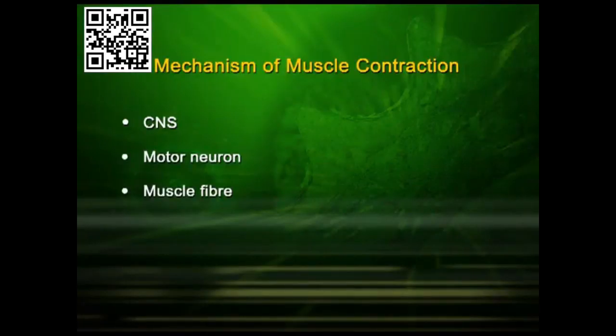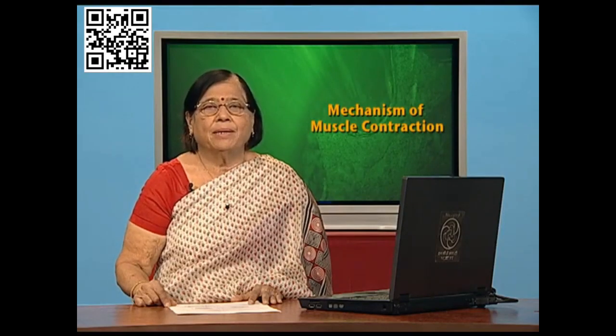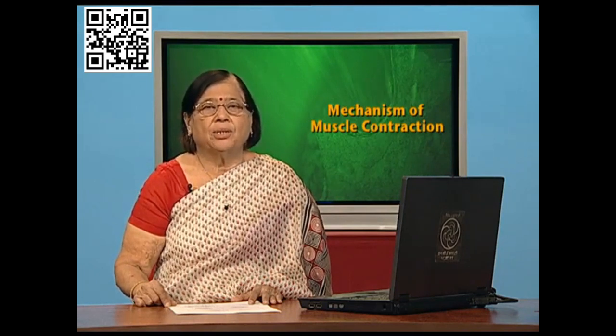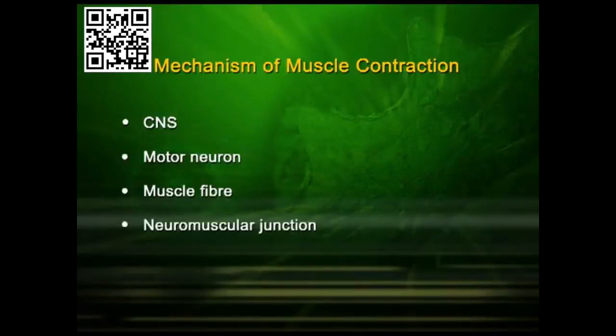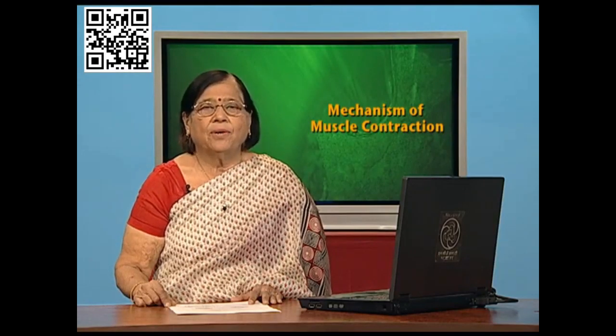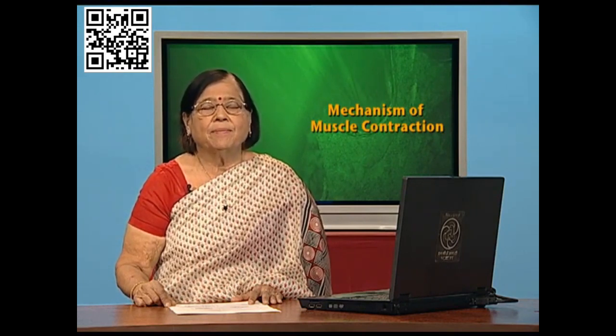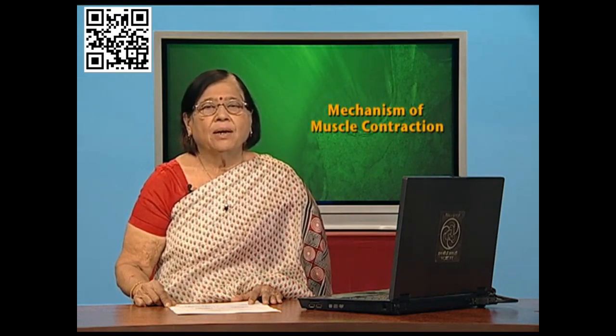A neuron is a nerve cell basically. When this neuron ends on muscle tissue or muscle fiber, it makes a junction which we call the neuromuscular junction. As the name indicates, neuro is part of the nervous system, muscular is part of the muscular system. So, neuromuscular junction is where nerve is meeting muscle.